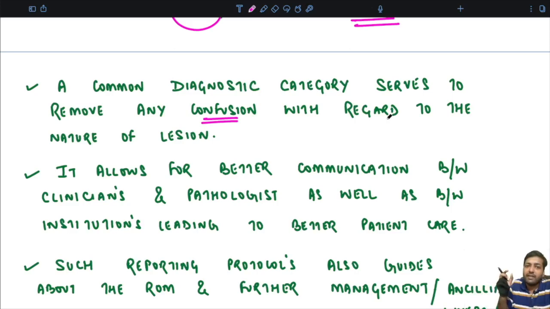With standard terminology, it is very easy to understand whether a lesion is benign or malignant, non-neoplastic, whether the sample is inadequate, or whether there is atypia of undetermined significance. These terminologies become very clear.